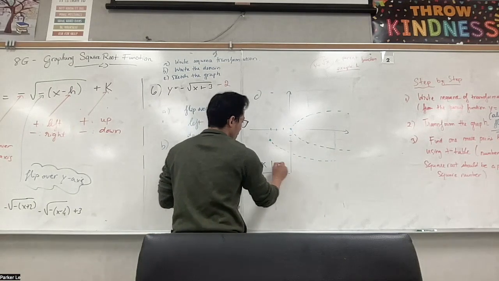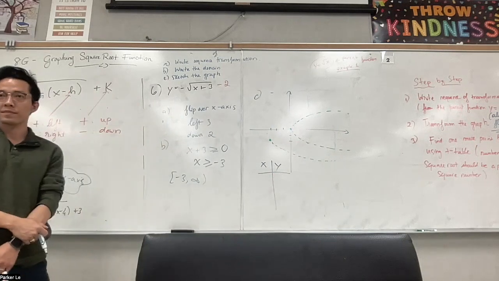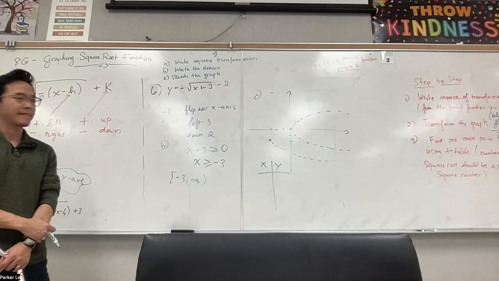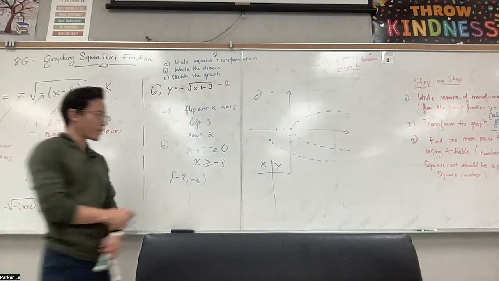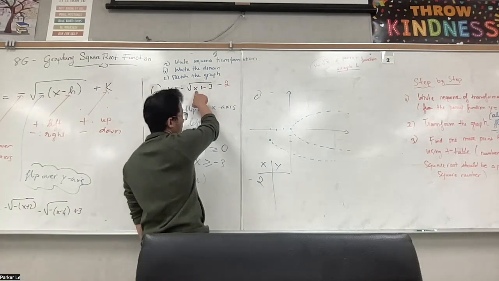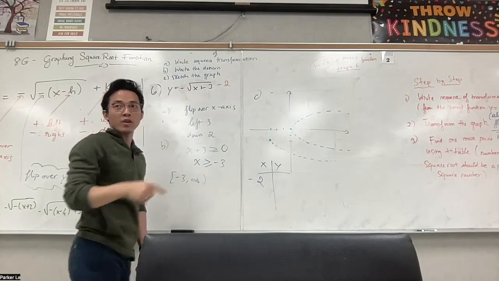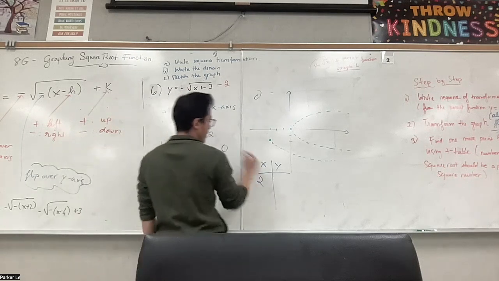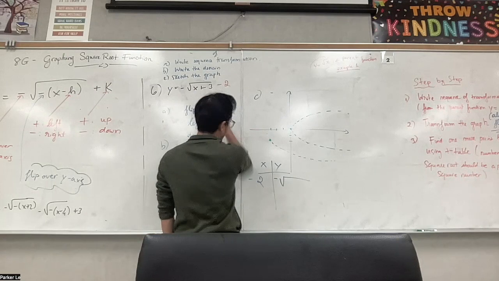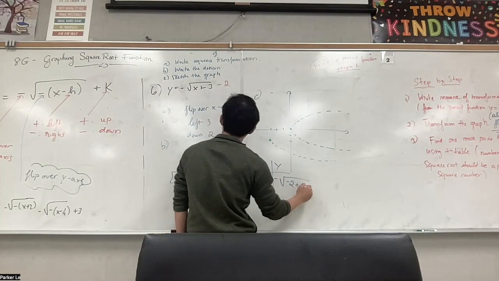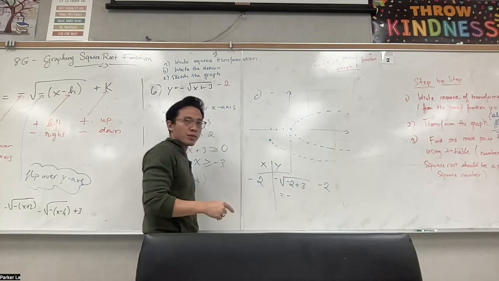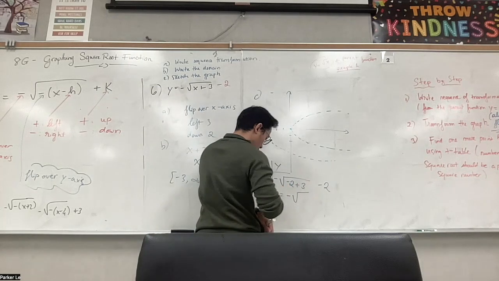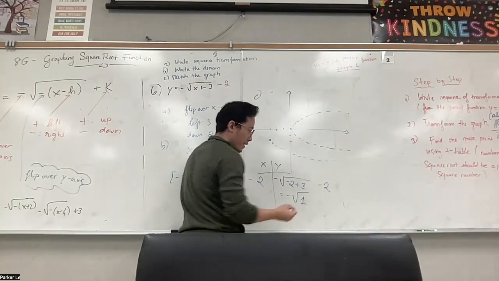But then I need to know what is the extra point. I'm gonna use T table. What number is good? What do you think? -2. Very good. So 1.4 is bad. -2, because when you plug in -2 here, you're gonna get inside equal to 1. So -2 plus 3 is 1.